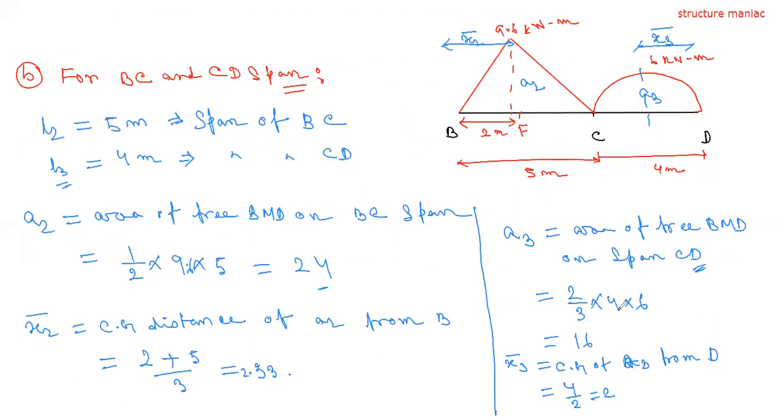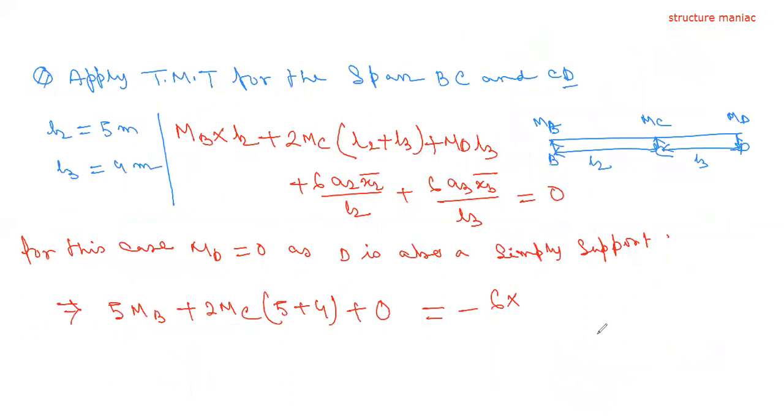What was the value of A2? Look, for span BC and CD, the value of A2 is 24 and X2 bar is 2.33, A3 is 16 and X3 bar is 2. So just put the values here. So 6 into 24 into 2.33 by 5 minus 6 into 16 into 2 by 4.